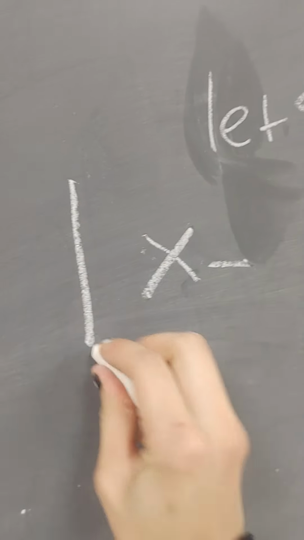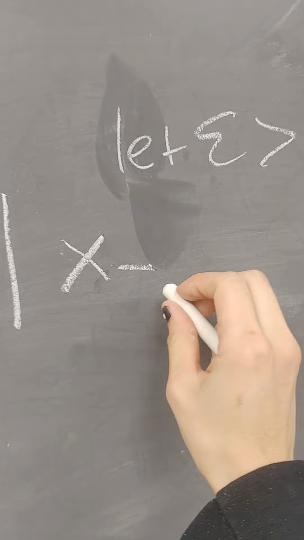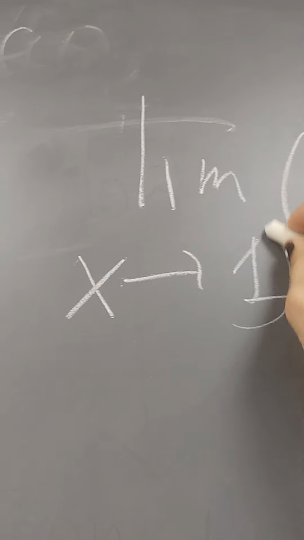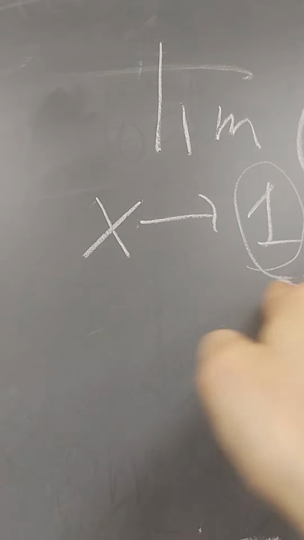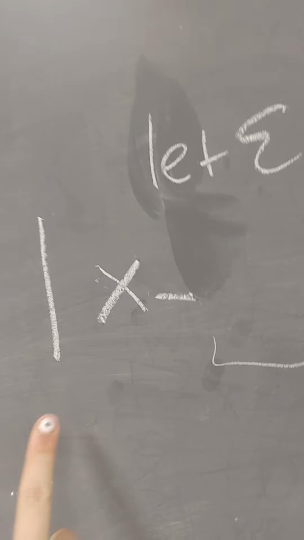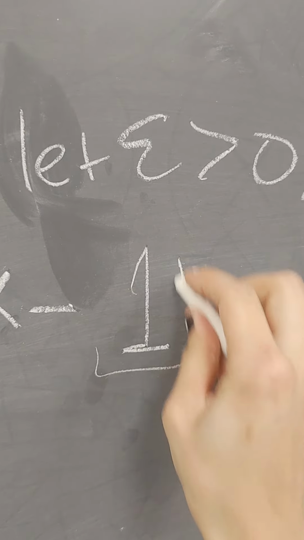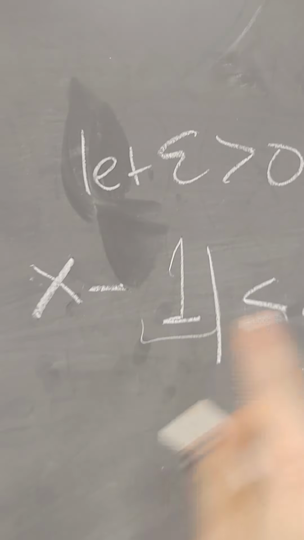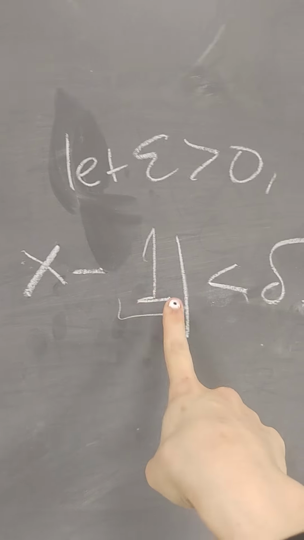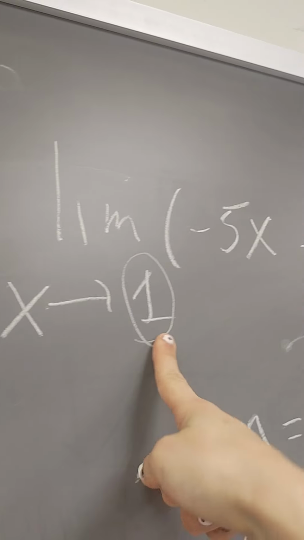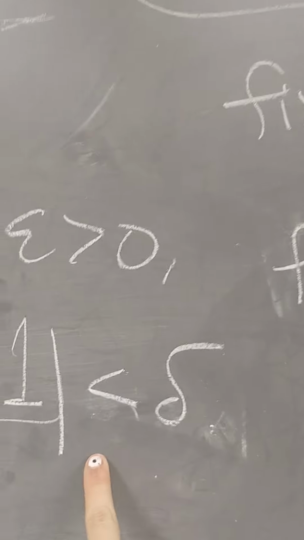absolute value of x minus 1, this is the value that x goes towards, is less than delta, aka the distance between x and the value that we are limiting to is very small.